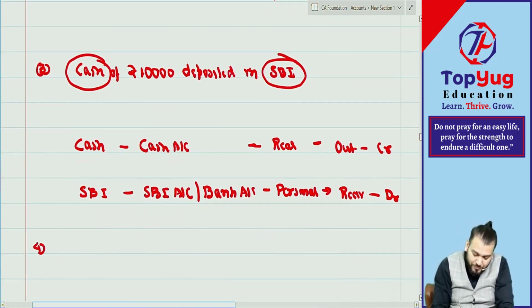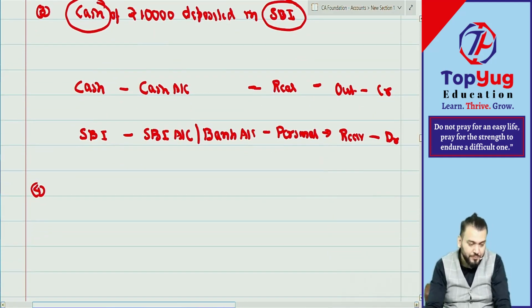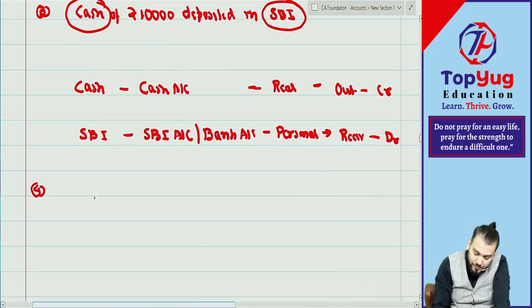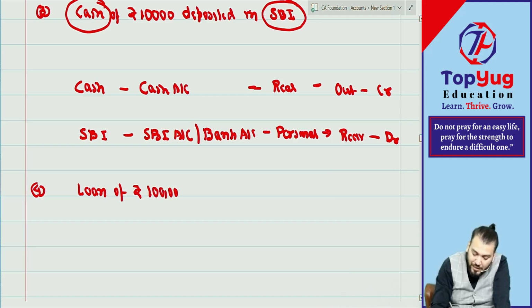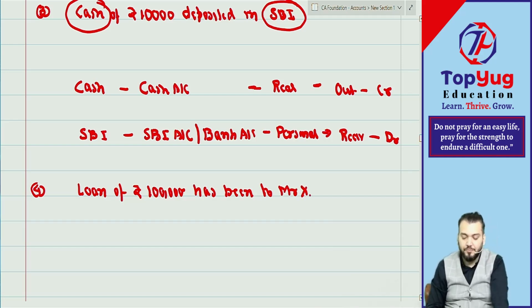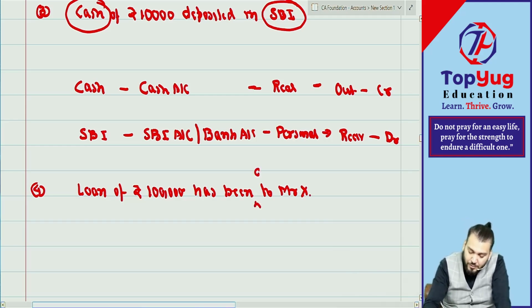But we need to identify one more. Point number 4. Look. Loan of rupees 1 lakh has been given to Mr. X in cash. Correct?